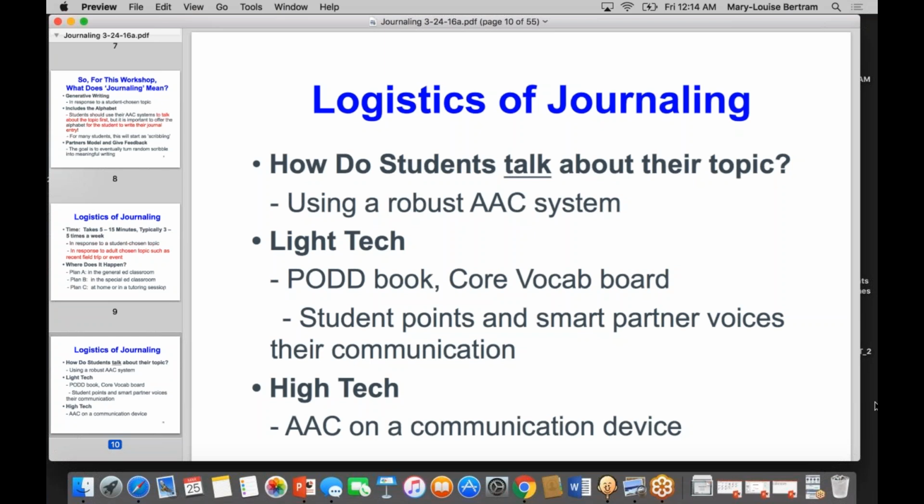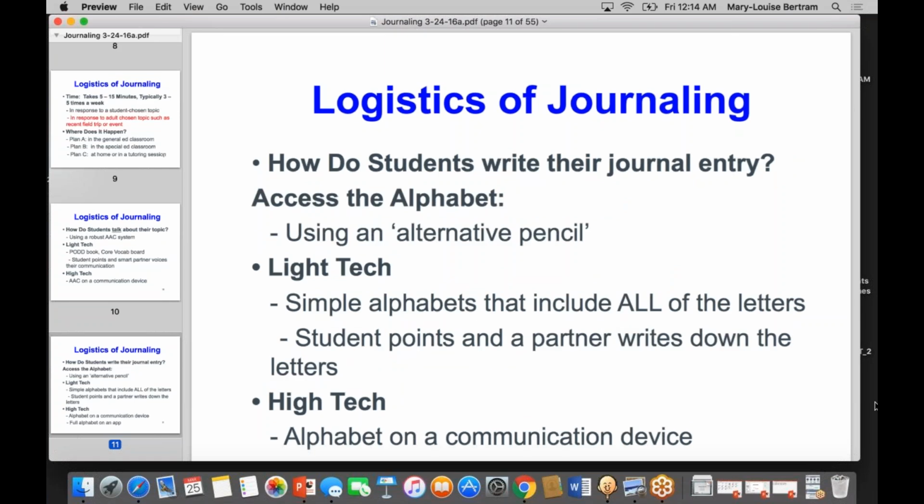We're going to be writing with the alphabet. So the students need access to the alphabet, every single letter of the whole alphabet. So we're going to use an alternative pencil.